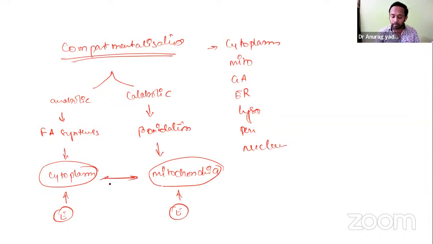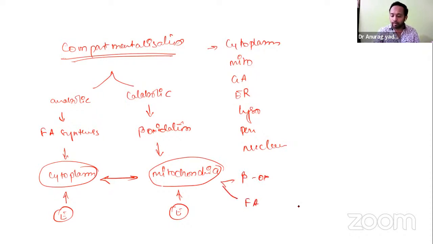You can see that some enzymes are present in one system or one matrix or one environment, the cytoplasm. The opposite type of reactions are present in another compartment. If you had beta oxidation and fatty acid synthesis both in mitochondria, what happens?